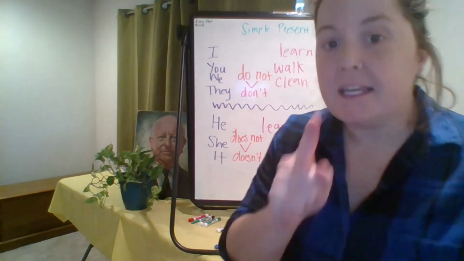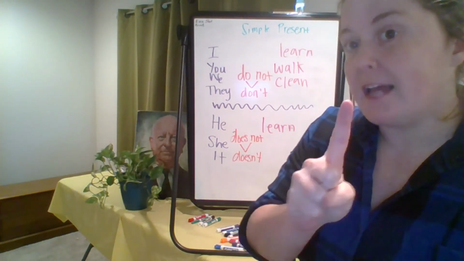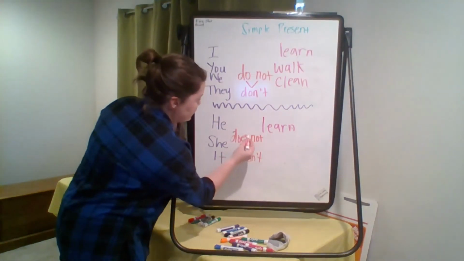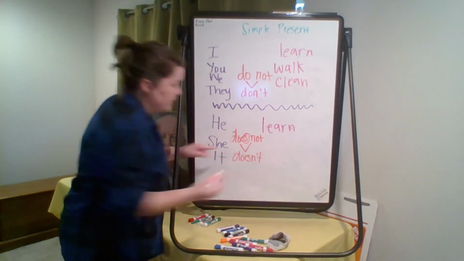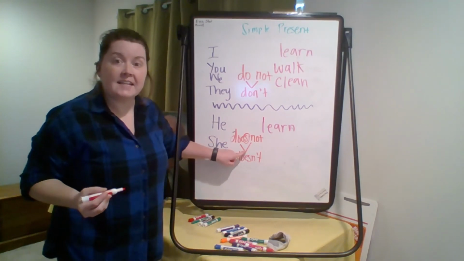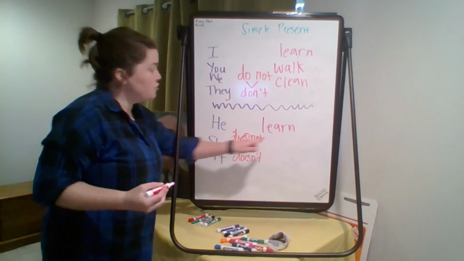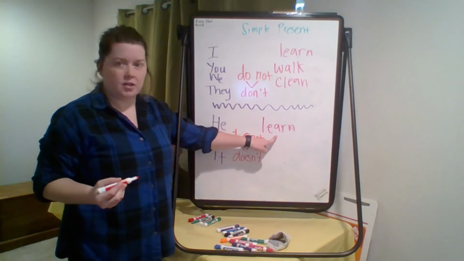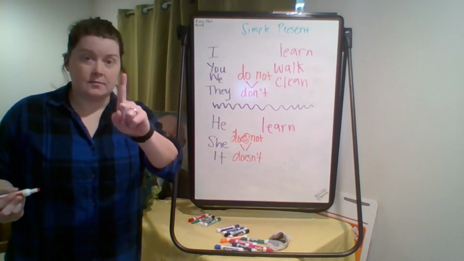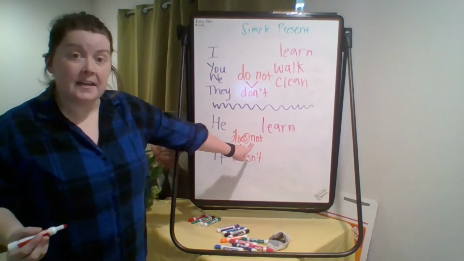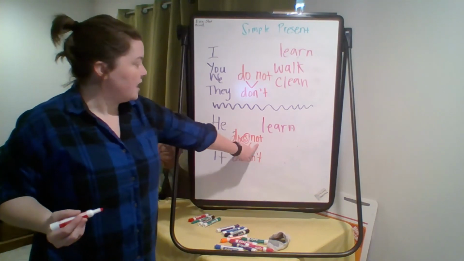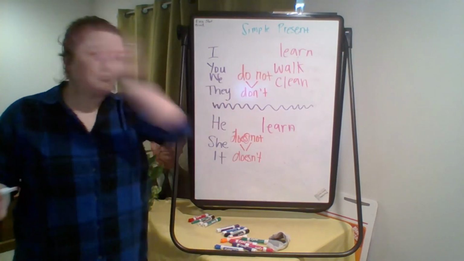So for he, she, and it, you need one S, right? And in the negative, our S is here. Does has the S. So you don't need another S on learn. You only need one S. So in the negative, because you have does not, the learn doesn't have an S.